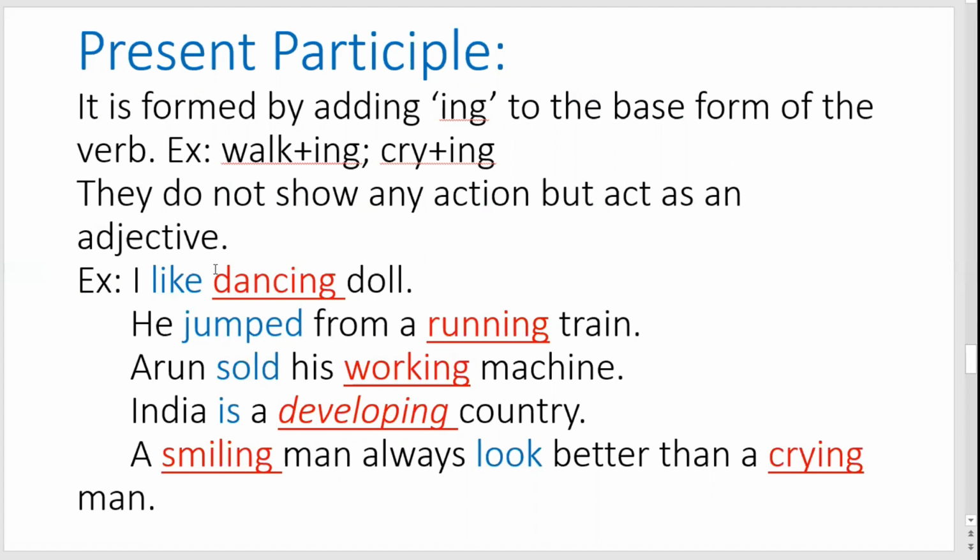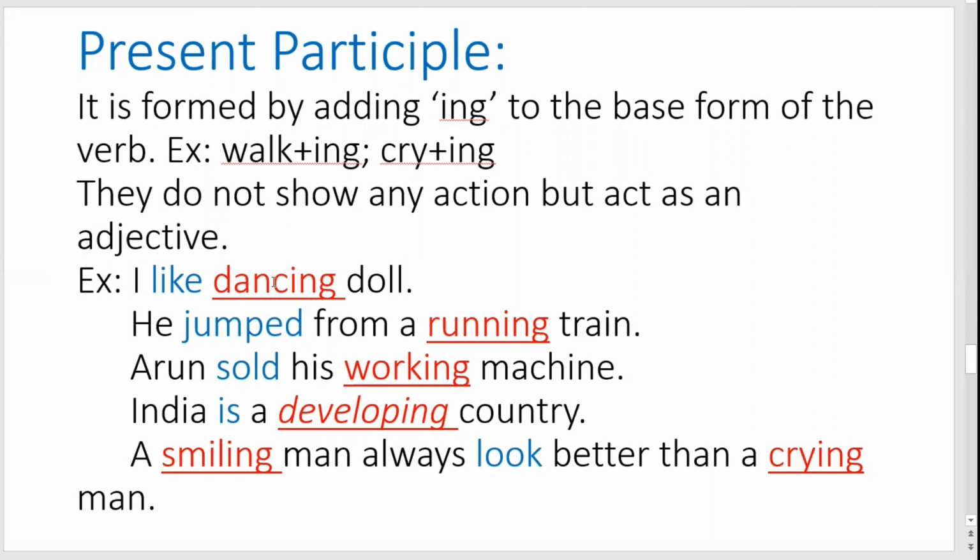You can observe that in all these sentences, the words in blue color are the finite verbs, and also the main verbs in the sentence. But the words that are underlined and in red color are all describing the noun. Each of the words has a noun after it: doll, train, machine, country, man, and man.